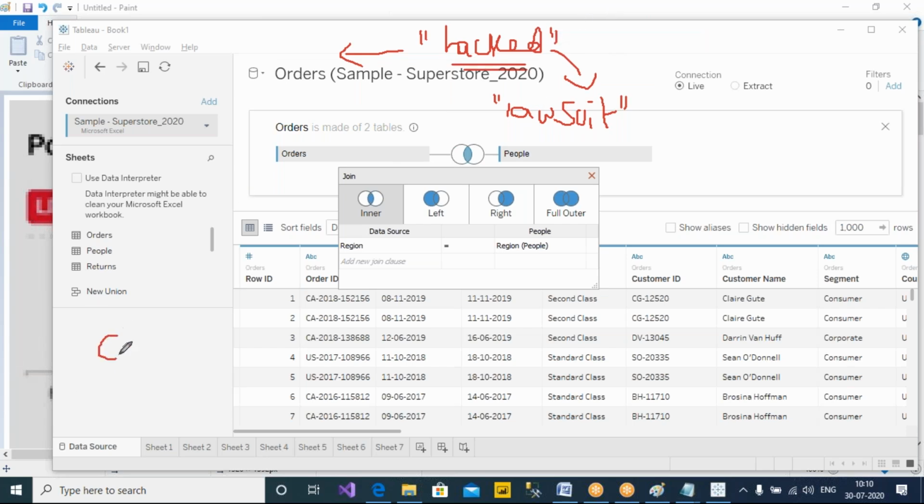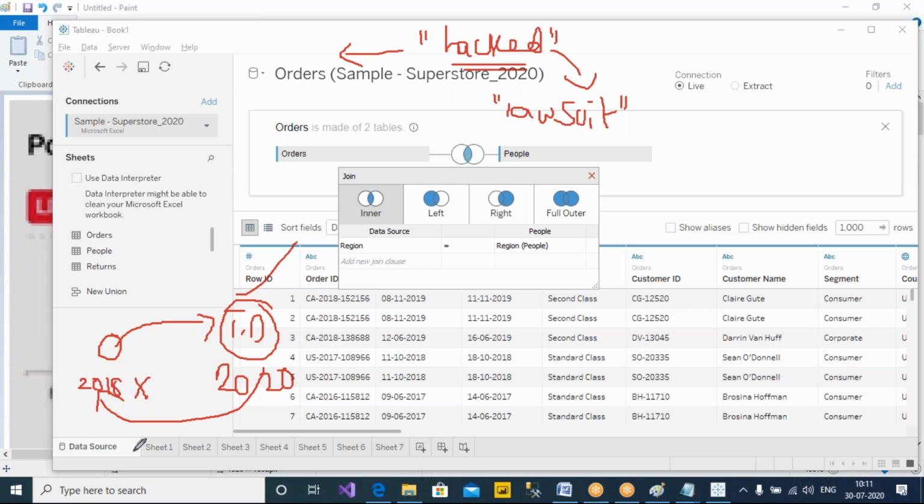Old versions of Tableau can be opened in any new version of Tableau Desktop. There is no restriction in that. But the reverse has a restriction. If you build a workbook in 2020 and try to open it in 2018, it doesn't allow.